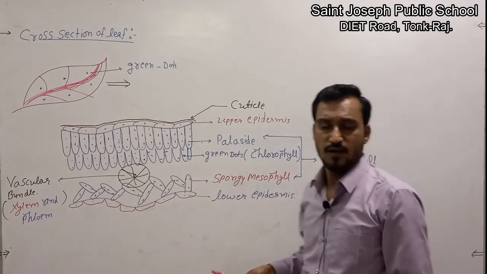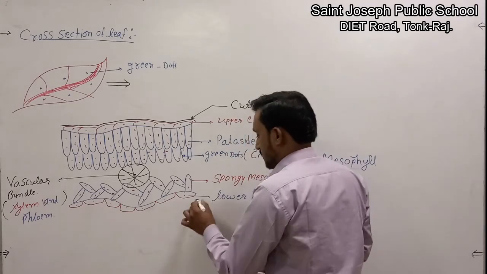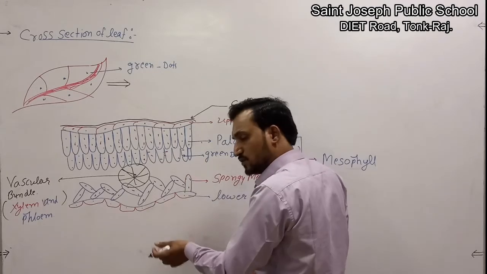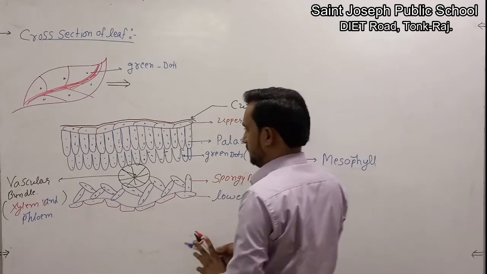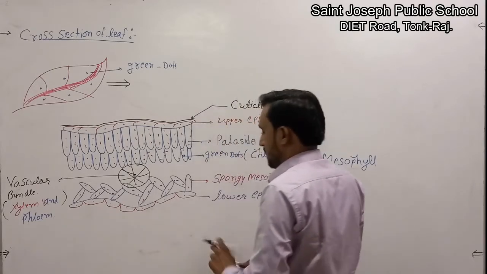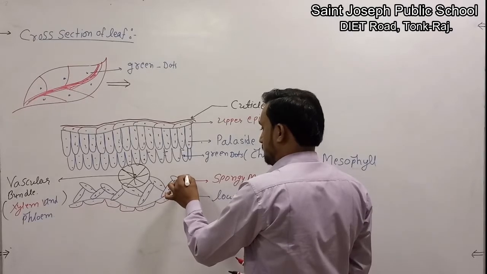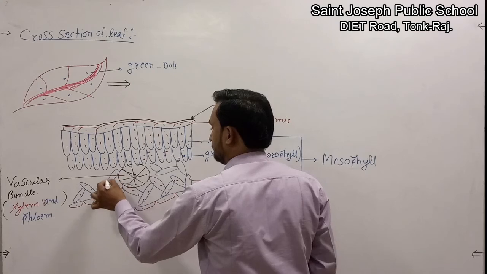This cuticle may be present at lower surface also in some plants. There is no need to mention it on both sides. You can mention it on one side in an easy way. These palisade cells or spongy mesophyll can be filled up here also in this manner.